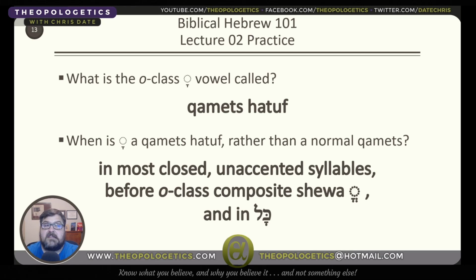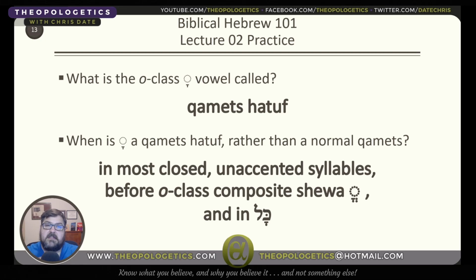Before the O-class composite sheva, called a chataf kametz, this nikuda is a kametz chatuf. And in the word kol, meaning all, that is a kametz chatuf.